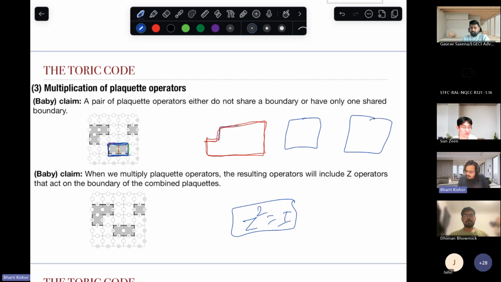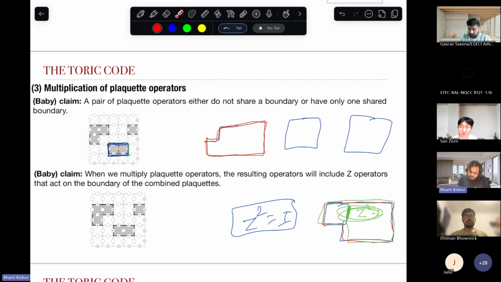But if they have something in common, like if you multiply this plaquette operator with this plaquette operator, the resultant operator will be just this, because whatever you have in common here, all the Z that you have, because Z squared is identity, this part does not matter. So what you are left with is this big object.